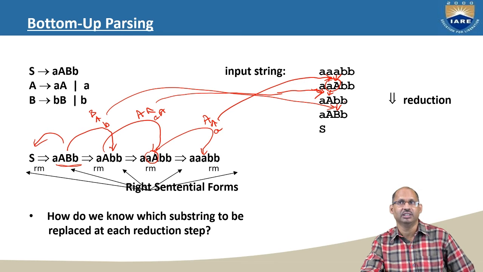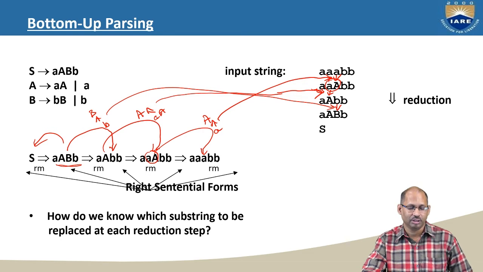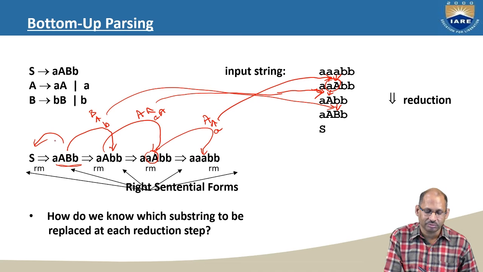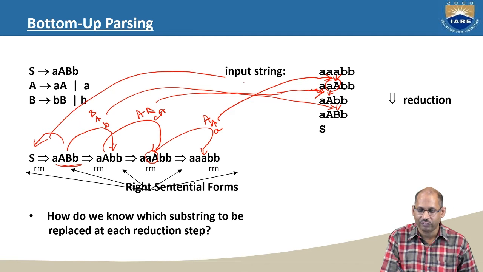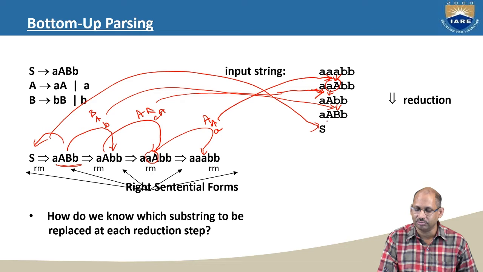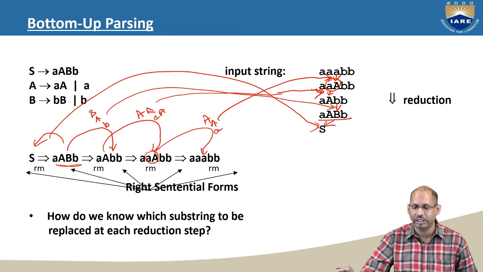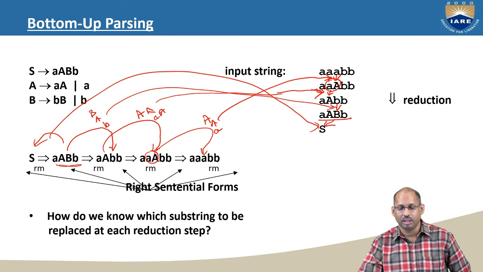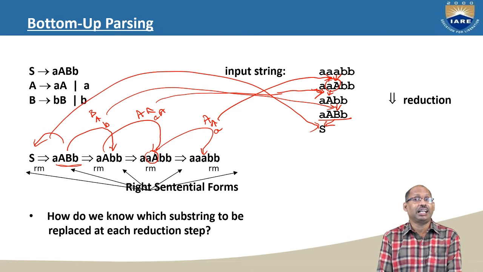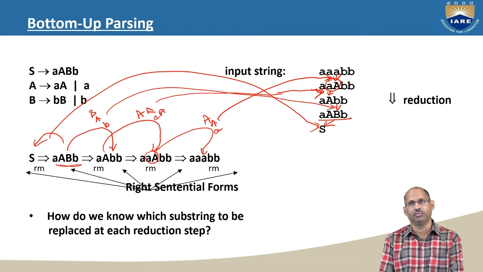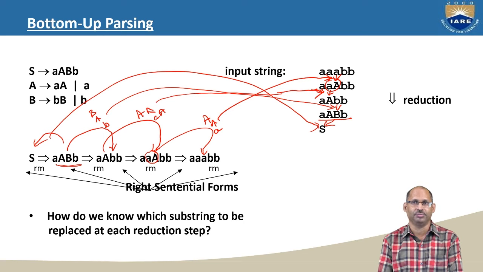Small b replaced with capital B. The final reduction is here, the complete step with S. So this rightmost derivation, the same steps we are considering in reverse in deriving the parse tree from the terminals to the starting variable.